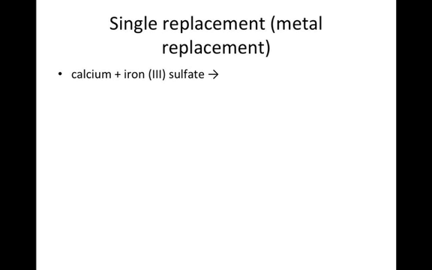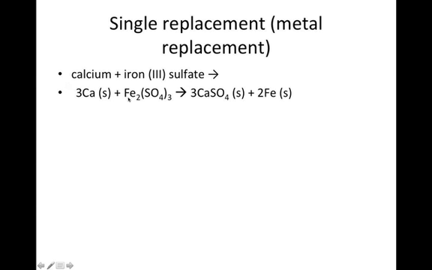So the balanced chemical reaction for this though, calcium is more reactive than iron, so it's going to switch places. And we end up then with calcium sulfate, which is a solid. Sulfates are usually soluble unless it's with calcium. So we end up with that particular precipitate forming, as well as the iron metal precipitating out as well.